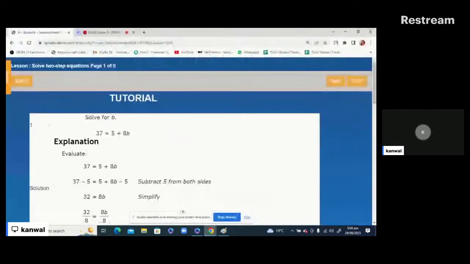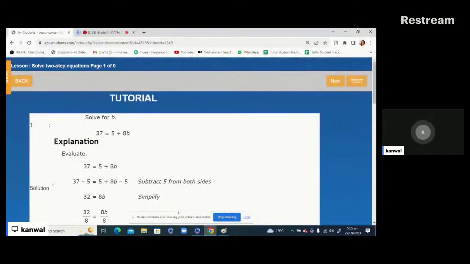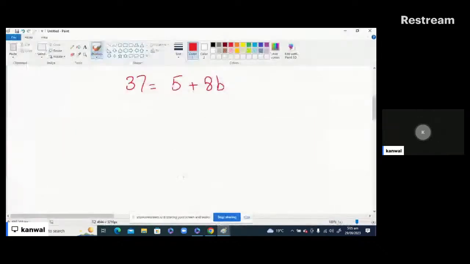Okay, let's solve the next one. 37 is equals to 5 plus 8b. If you want to solve it like this way, to make sure we just need to cancel out this 5 firstly. So what we do, in both sides we subtract with negative 5.